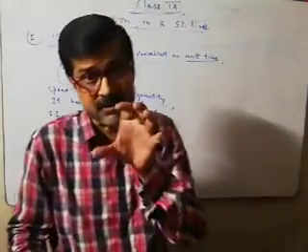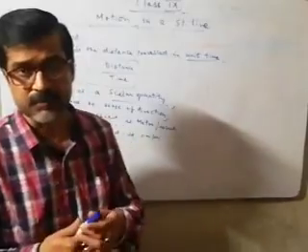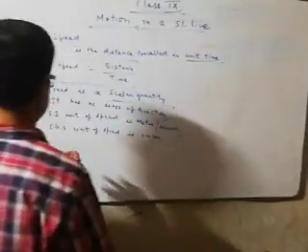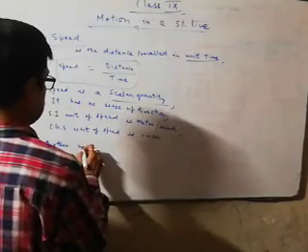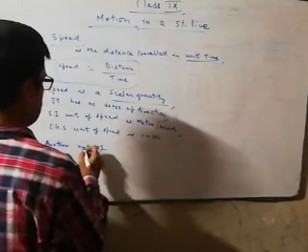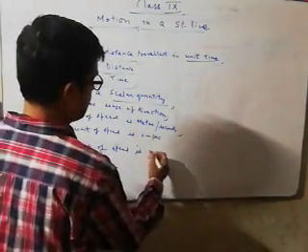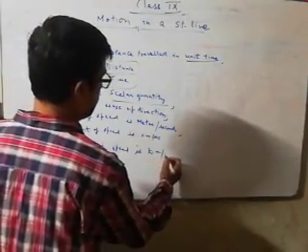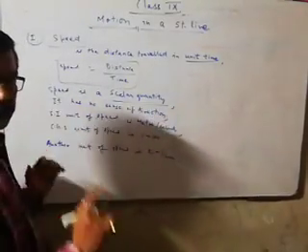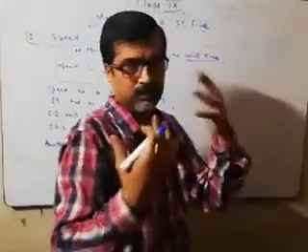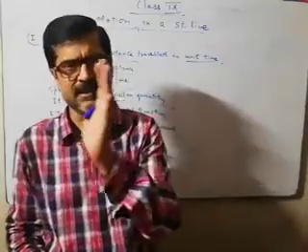So another unit of speed is kilometer per hour. We can convert km per hour to meter per second. We all know how to convert it.